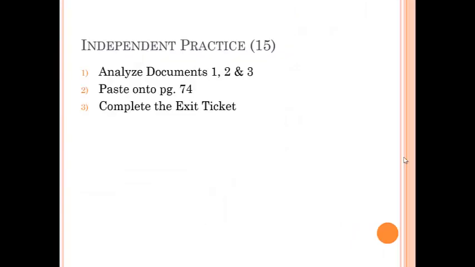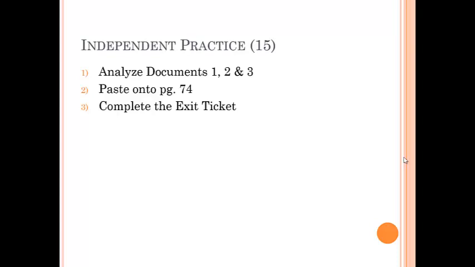Okay, perfect. So now let's jump into our practice. You've already analyzed document 1. Go ahead and analyze documents 2 and 3. Paste them onto page 74, or just right behind today's notes. Once you've done that, grab your exit ticket either from Mr. Houghton, or if you're watching this at home, the exit ticket's on the website already.